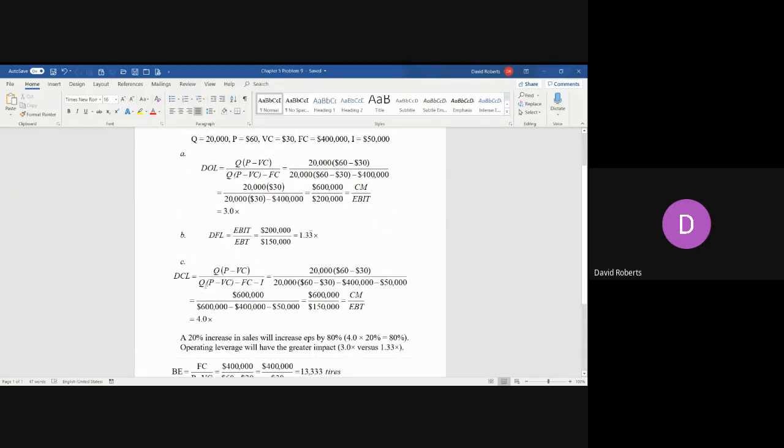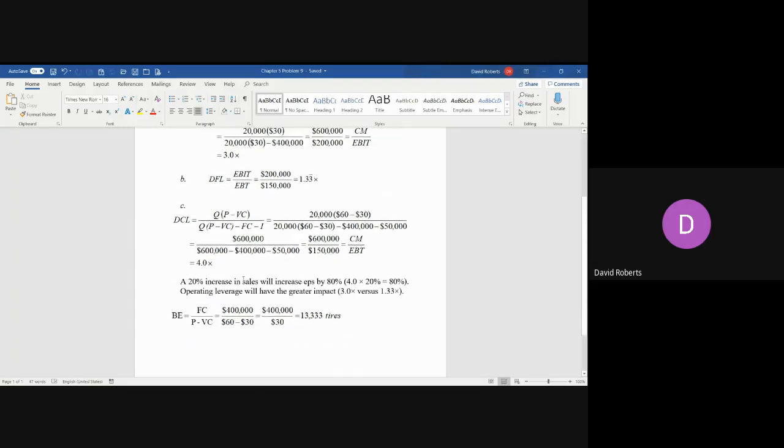So you go the quantity times, in the brackets, price minus variable cost, and you subtract the fixed costs, and you subtract the interest expense, and you wind up with 4 times. So there's a little description written at the bottom of part C. A 20% increase in sales will increase earnings per share by 80%.